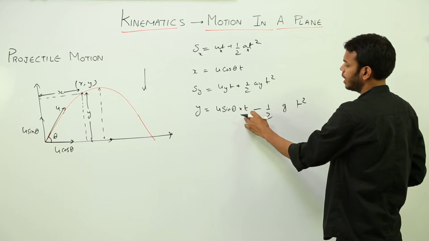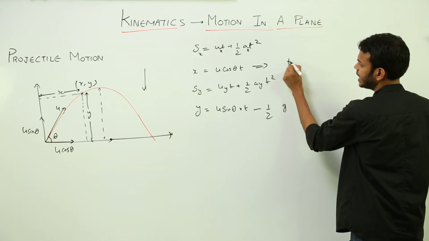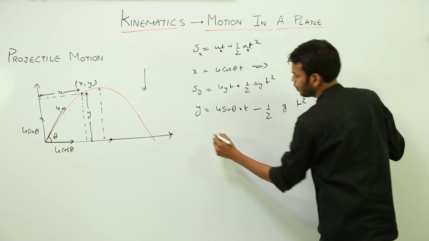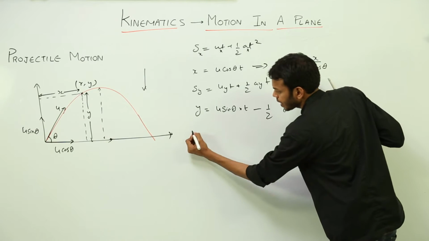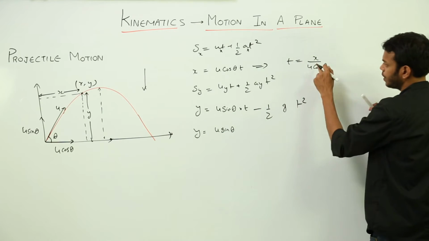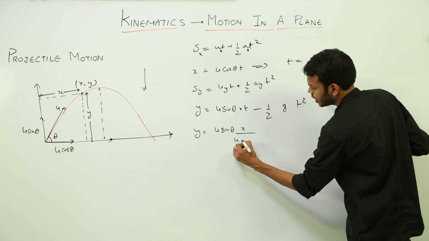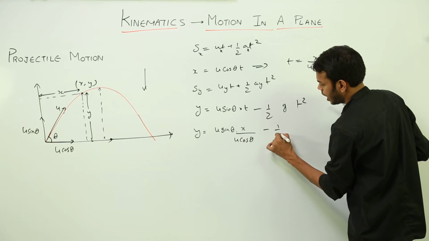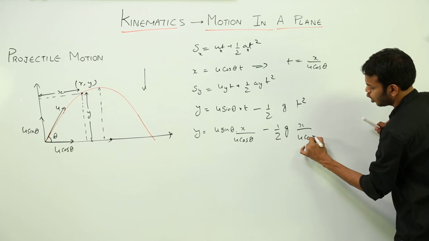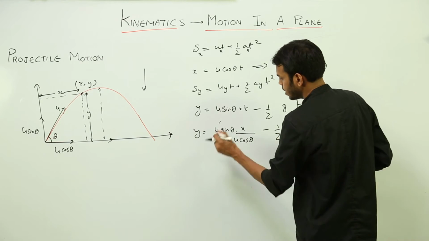So what should be the value of t to be placed here? From this equation, we get t = x upon u cos theta. Put this value of t in this equation, and we will get a relation between y and x. y = u sin theta into t, which is x upon u cos theta, minus half g t square, where t is x upon u cos theta, whole square, right? u cancels out.